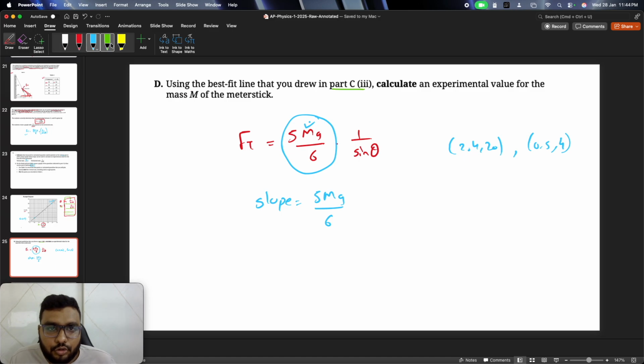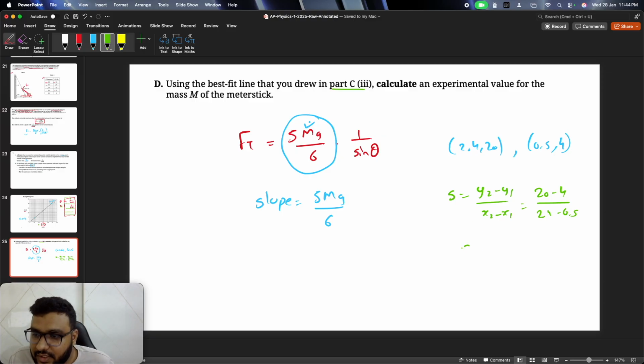Now what is slope? Slope is simply y2 minus y1 upon x2 minus x1. So 20 minus 4, and 2.4 minus 0.5. Once you figure out the slope, what you will get is 8.4 newtons.